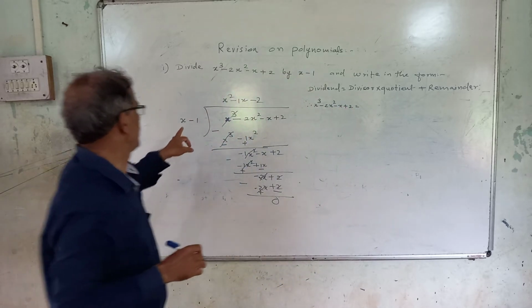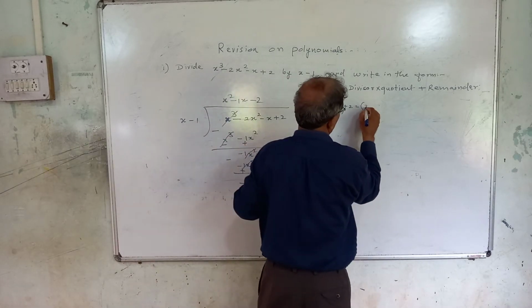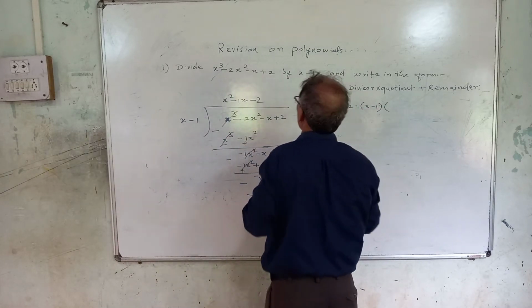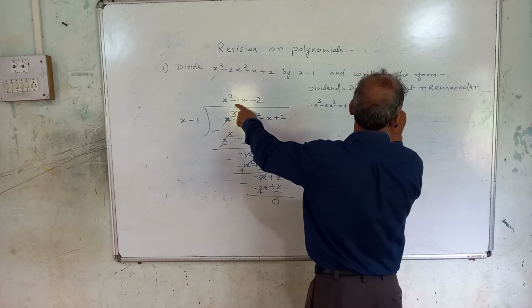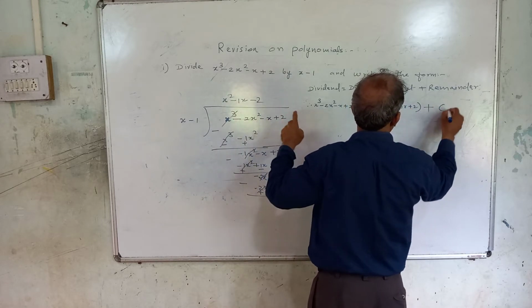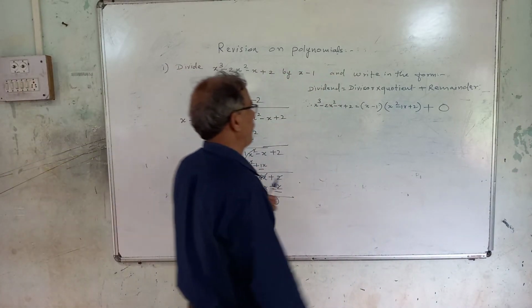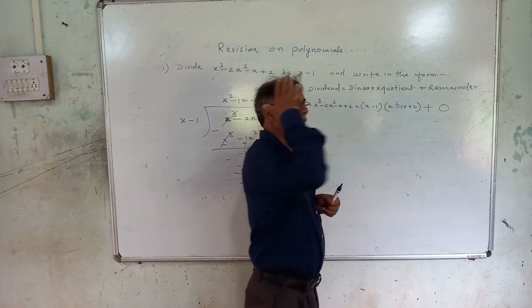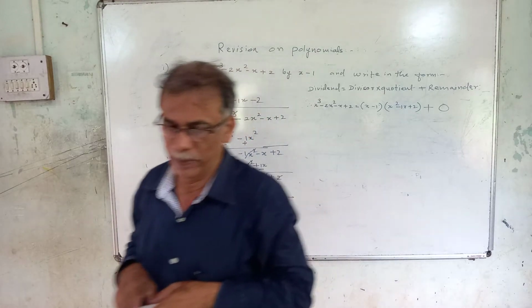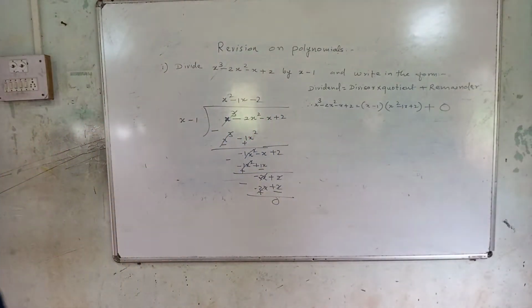Who is the divisor? X minus 1 into quotient. Who is the quotient? X square minus 1x minus 2 and plus remainder. So this is how. Remember this divisor into quotient, they must be always in the bracket because that is multiplication.